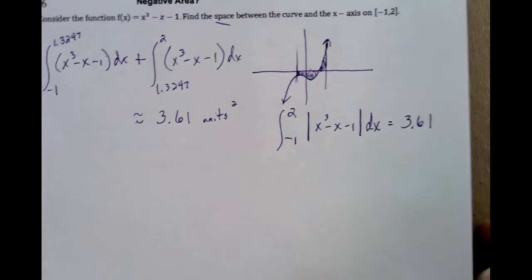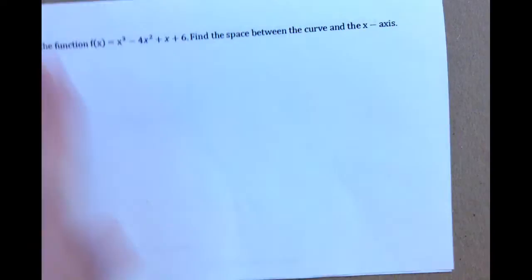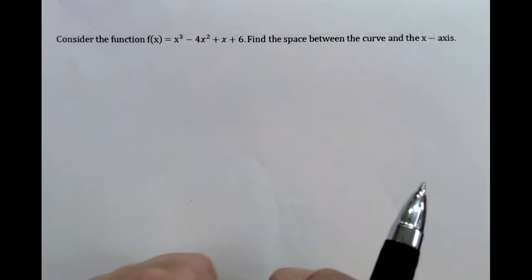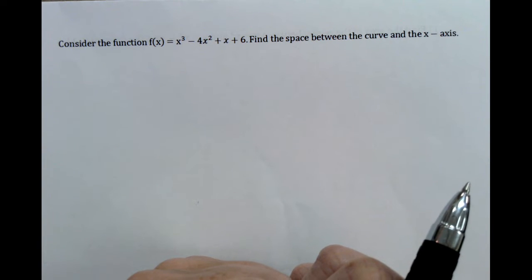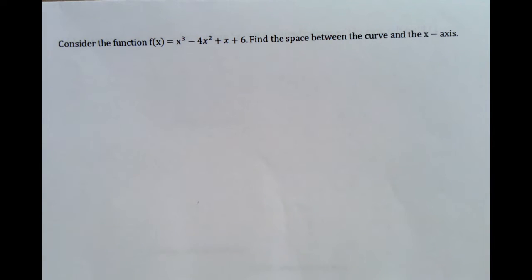Let's see. What are my options on this one? I have forgotten what this problem entails. Oh my god. Well, you know what I'm going to do? A lot of numbers. I'm going to graph that bad boy. Let's see. X cubed minus 4x squared plus x plus 6.